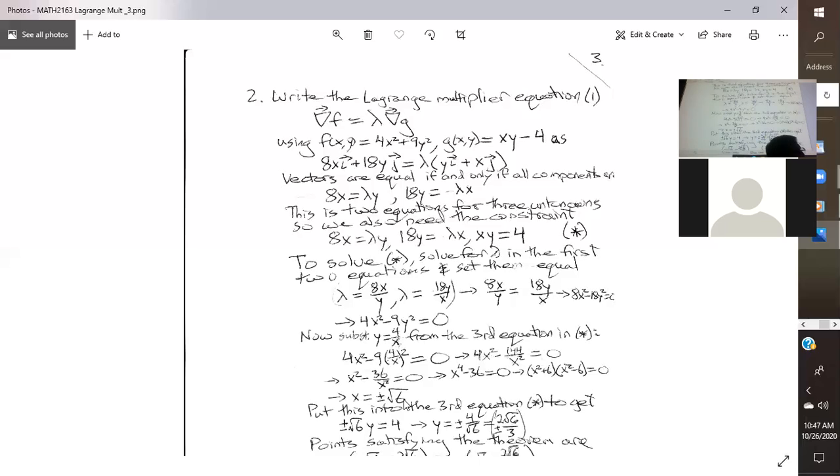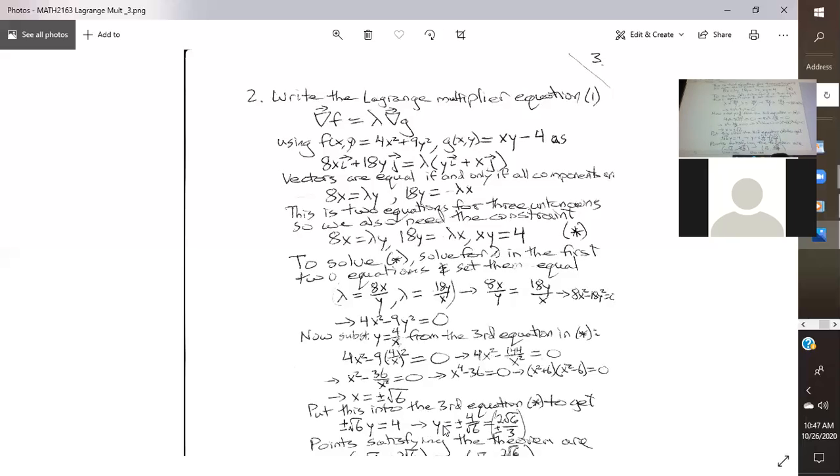But that's not the solution yet. I now want to plug that into my other equations to see what y has to be. If I plug it into the third equation, xy equals 4, plus or minus square root 6 times y equals 4. Consequently, when x is plus or minus square root 6, y has to be plus or minus 4 over square root 6, or plus or minus 2 square root 6 over 3.